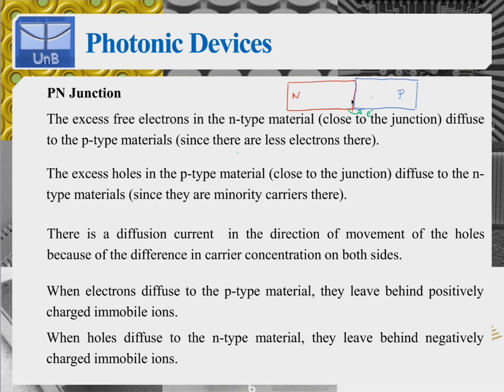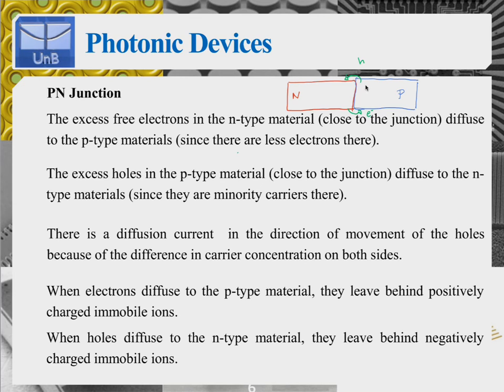The excess holes in the p-type material, on the other hand, will diffuse to the n-type material because, again, you have a lot of holes here and not so many holes in here. So you have holes diffusing from the p-type material into the n-type material close to the junction region here.